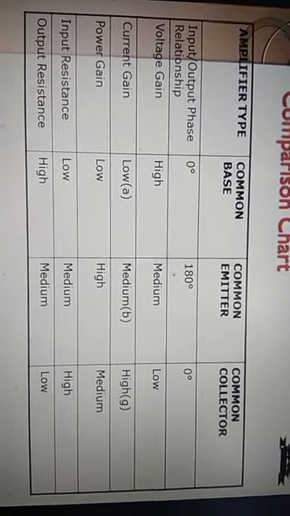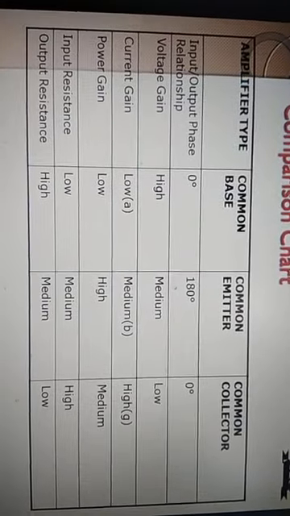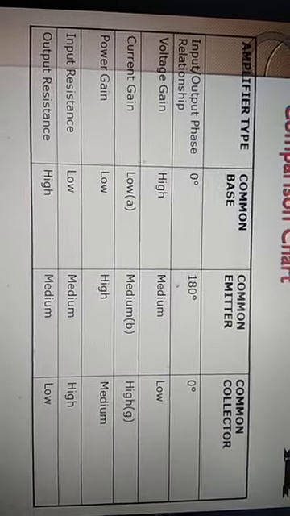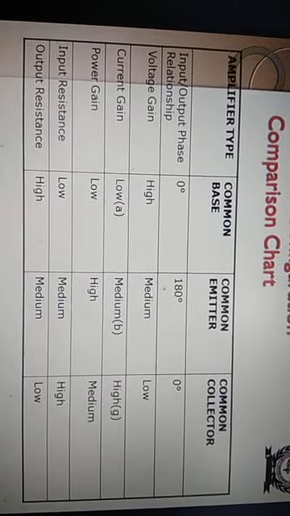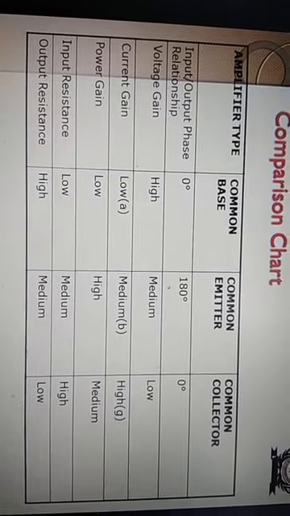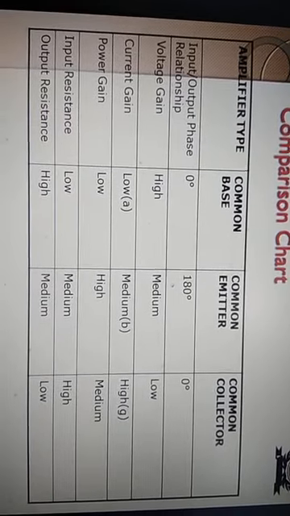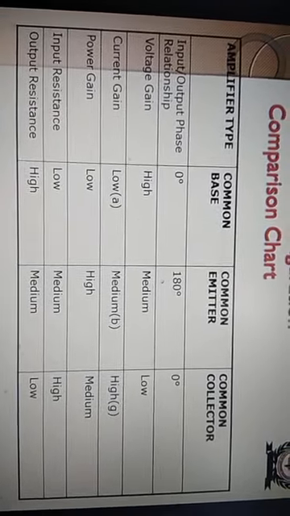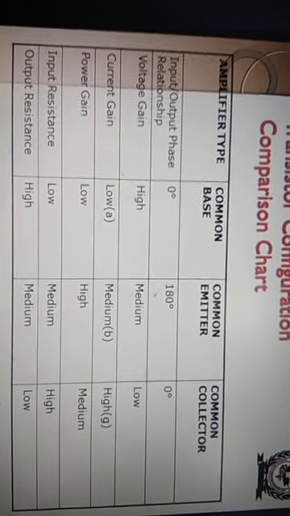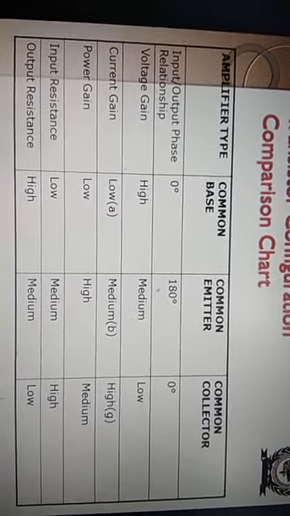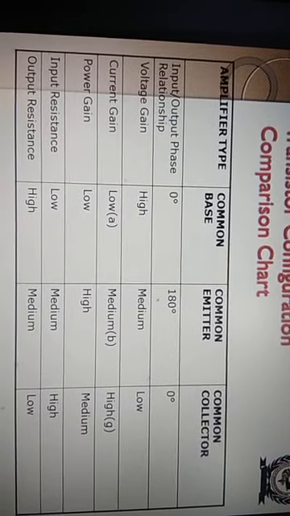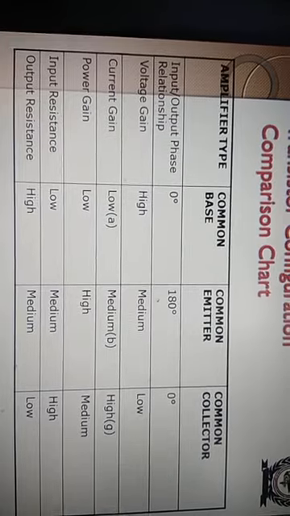So alpha is the current gain in case of the common base, beta is the current gain in case of the common emitter, and gamma is the current gain in case of the common collector. The highest current gain is in case of common collector, that is gamma is equal to 1 plus beta. And in common emitter, beta is equal to IC by IB. And in case of common base, alpha is equal to IC upon IE.